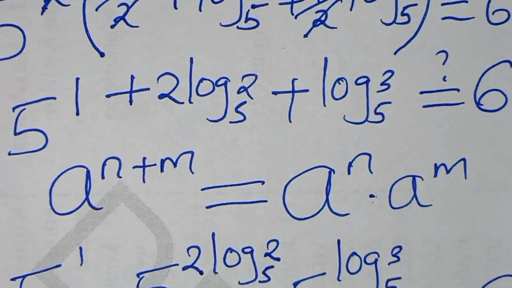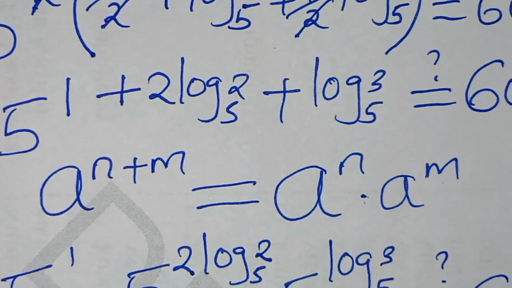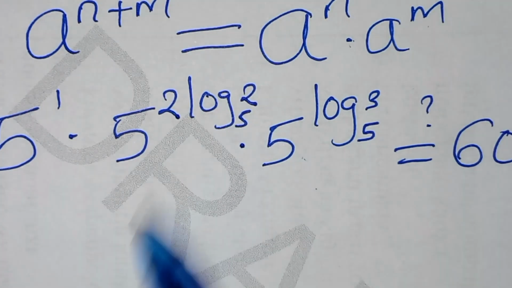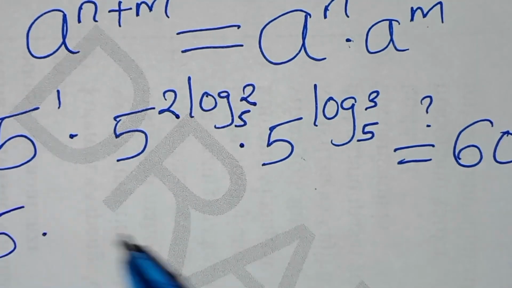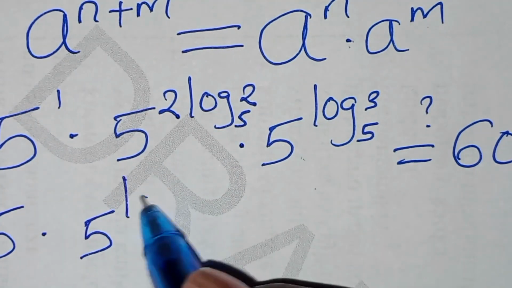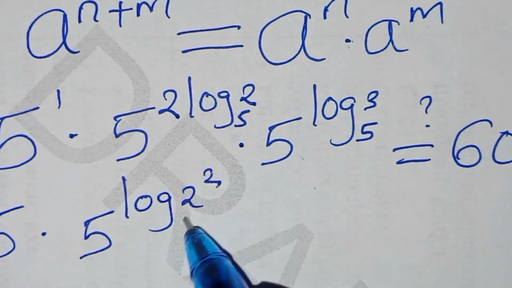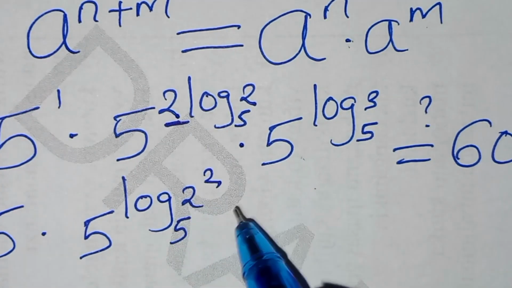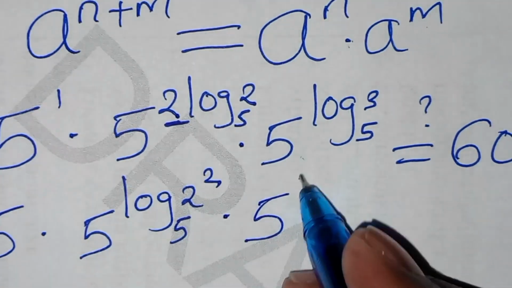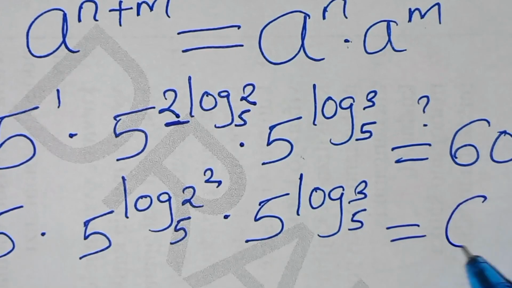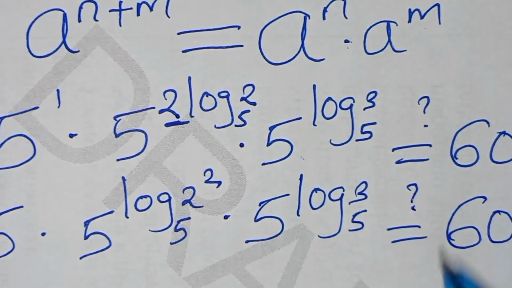This should give us a value of 60. The next step from here, this is 5 multiplying by 5 to the power log 2 squared to base 5. So this is a power, so that's why we have 2 to the power 2. Then multiplying by 5 to the power log 3 to base 5. This should give us a value of 60.